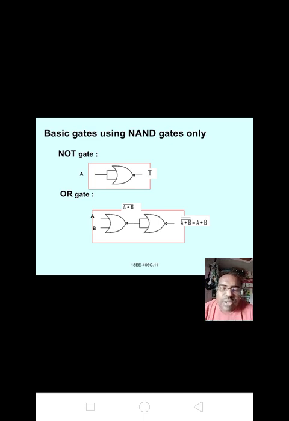That output is given to the input of the second NOR gate, and we get the output A plus B whole bar bar, equal to A plus B. Okay, it is the realization of OR gate using NOR gates.